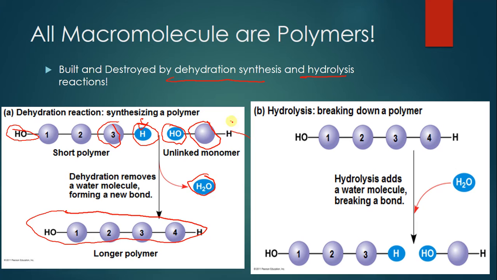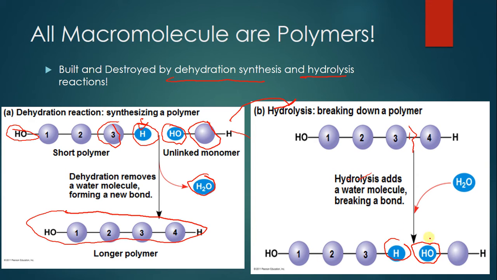And guess what? We can do the opposite of that too. We can break the longer polymer apart by adding water. So we add water to that long polymer, and the water breaks into hydroxyl and hydrogen groups, and one piece of the polymer that is getting broken in half right here grabs the hydroxyl group, and the other grabs the hydrogen, and then they get broken in two.